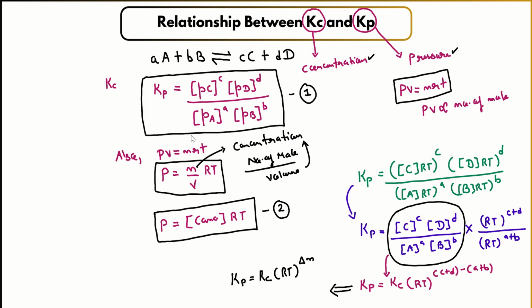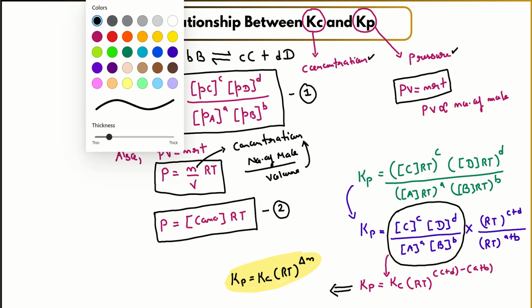Delta n denotes the change in number of moles. So this is the relationship between Kc and Kp in equilibrium constant. You can denote the equilibrium constant in the form of concentration and also in the form of pressure.